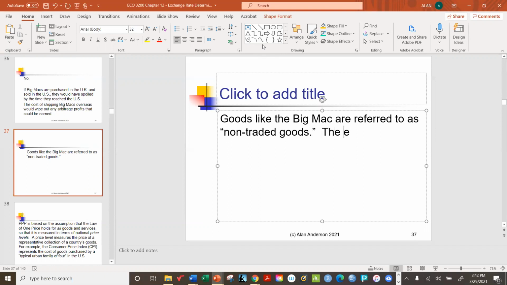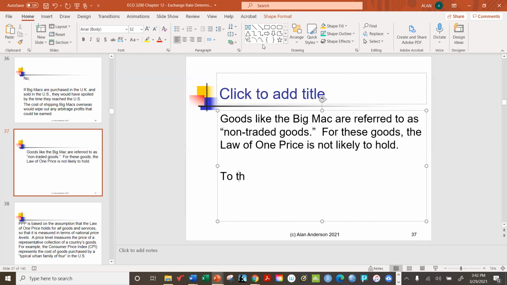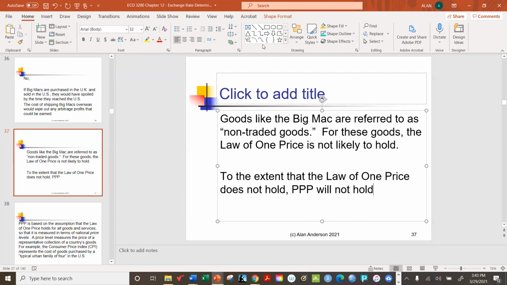And therefore, for these goods, the law of one price is not likely to hold. And so, to the extent that the law of one price doesn't hold, PPP will not hold either.